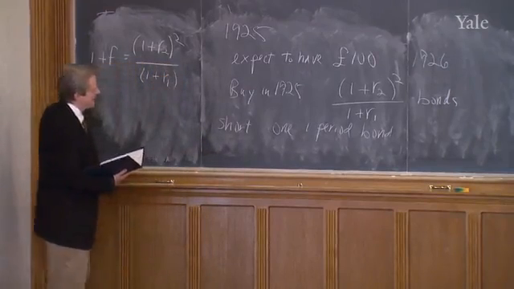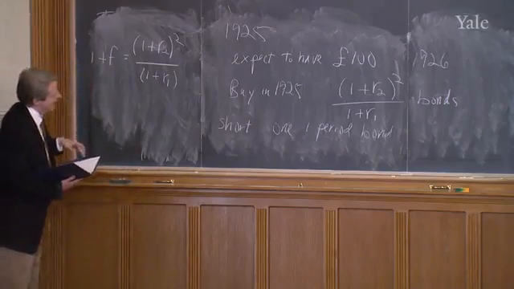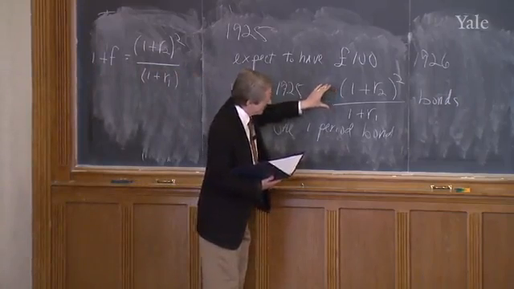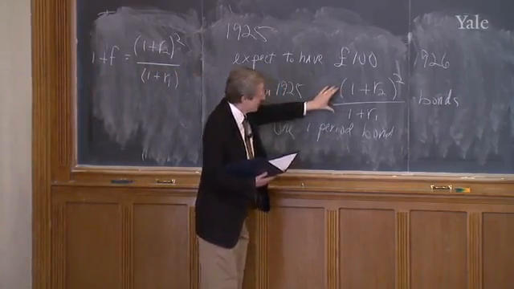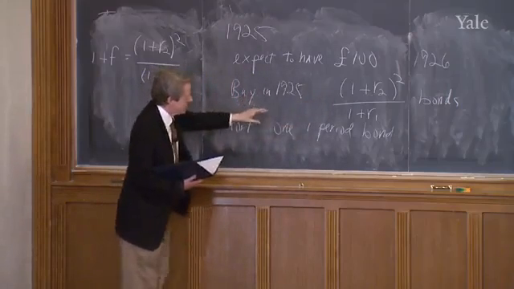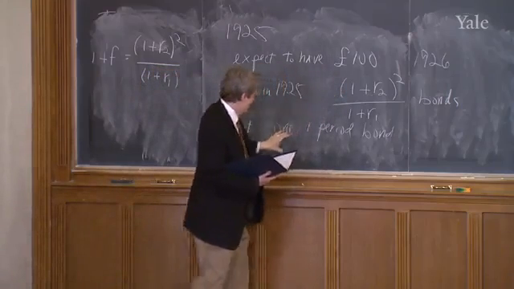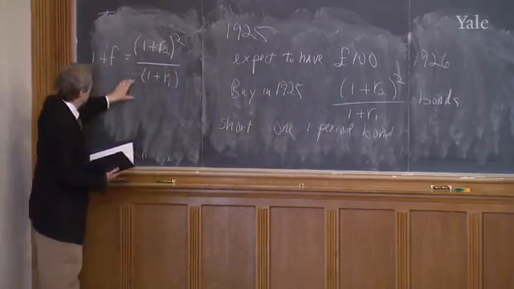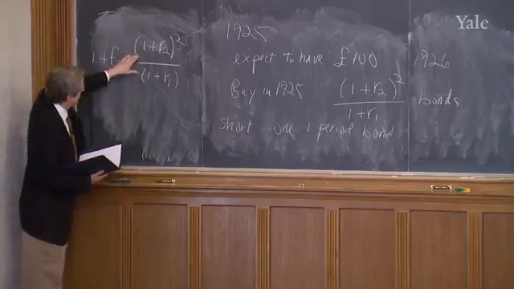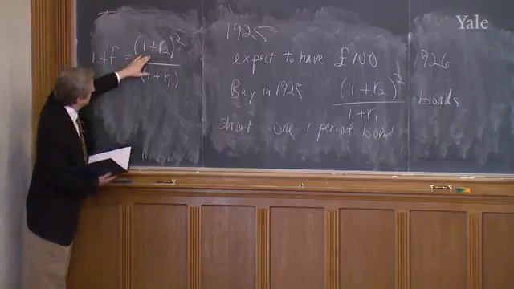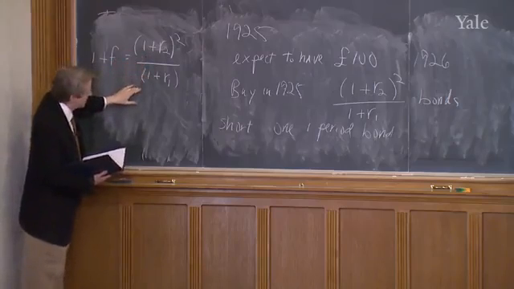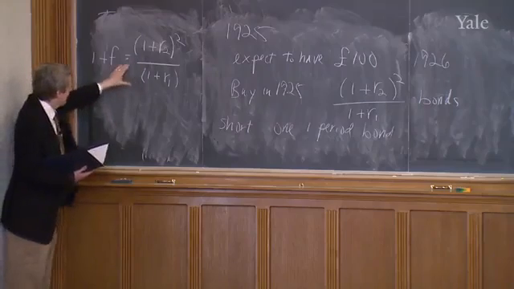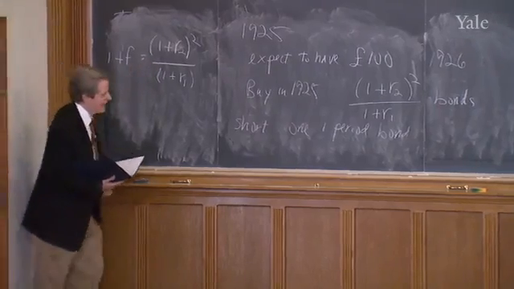It's just the amount that I get, because this is what I'll get if I bought this number of bonds. I get 100 pounds times this number in 2 periods, in 1927. But I put out 100 pounds in 1926. So the ratio of the amount that I got at the end in 27 to the amount that I put in 26 is given by this. So that's 1 plus the interest rate I got on the bond.